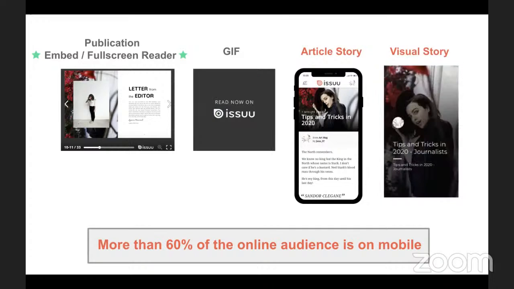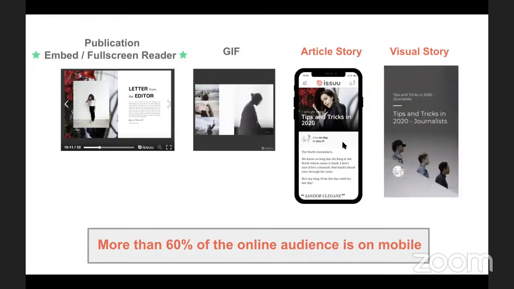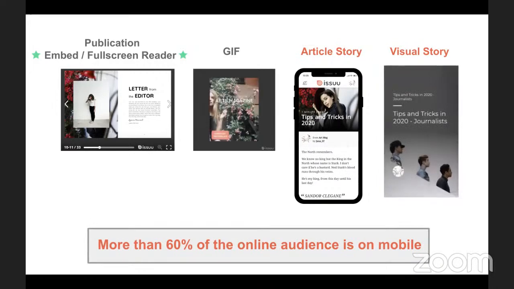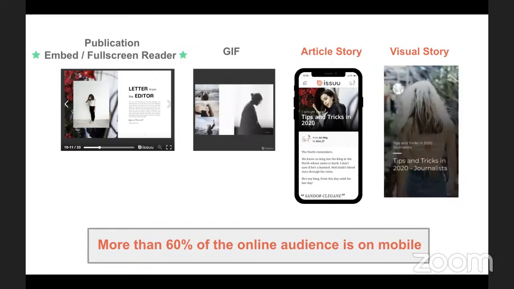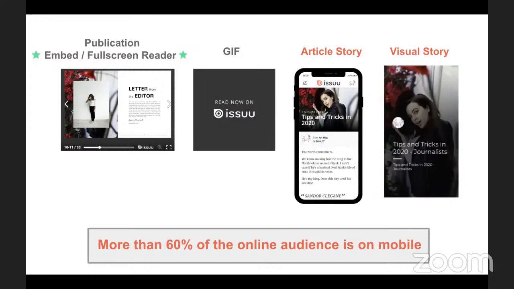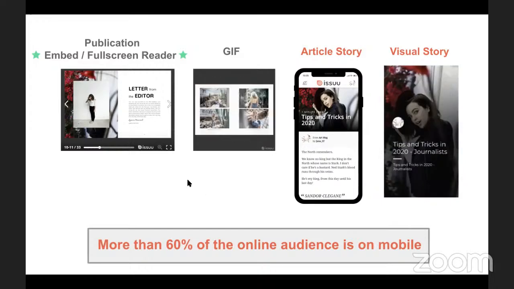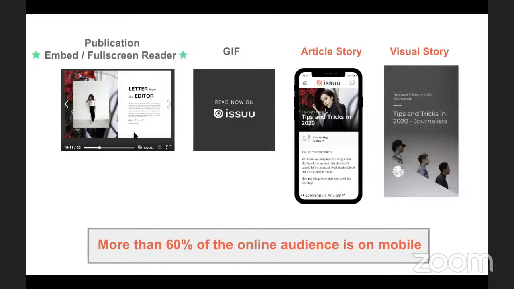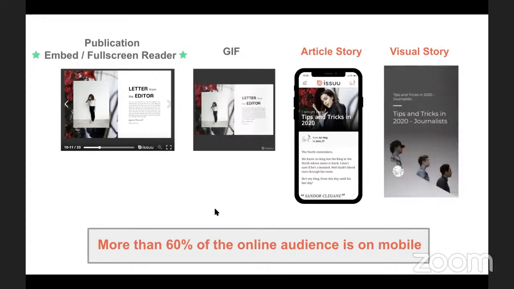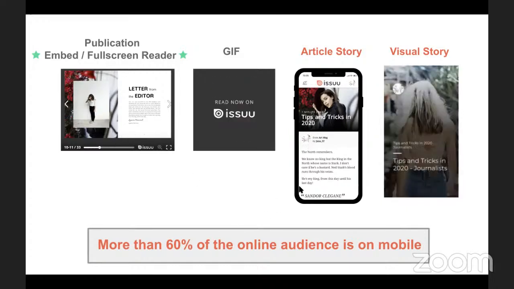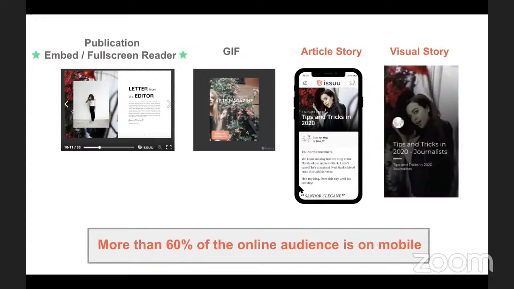An article story is a format where you can vertically scroll down and read the content. Basically, you recreate the publication content into an article story within our article stories editor.